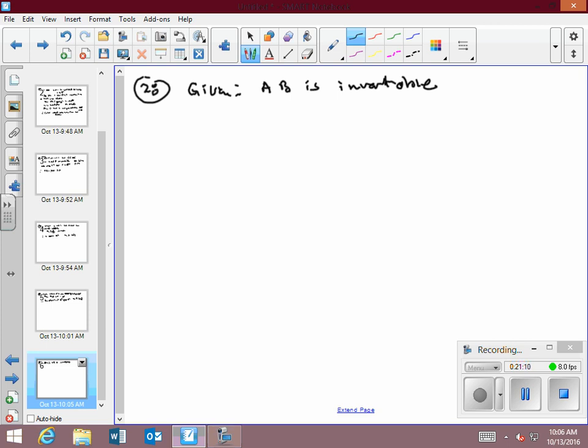So this is the given statement. If AB is invertible, then you can say by theorem 8A, AB is a matrix, right? So if you think about it, AB is just this matrix, not A, not B, just AB is the matrix. And this meets theorem 8A.